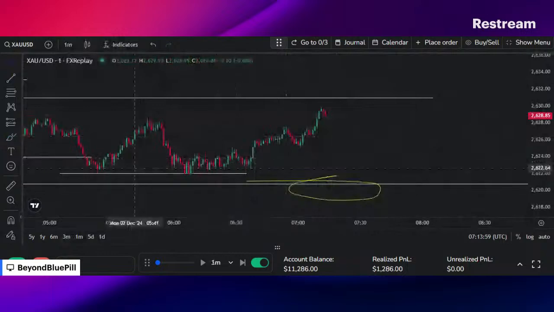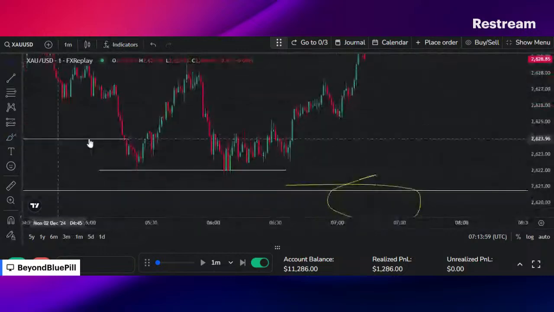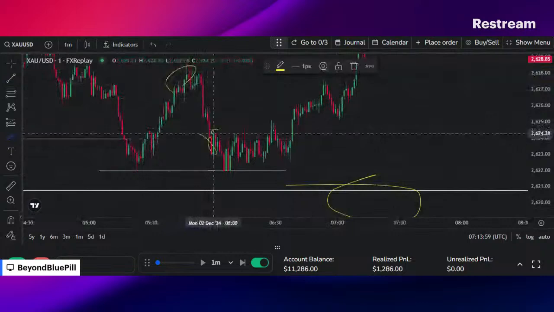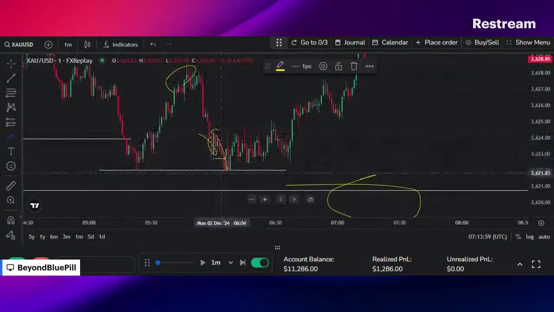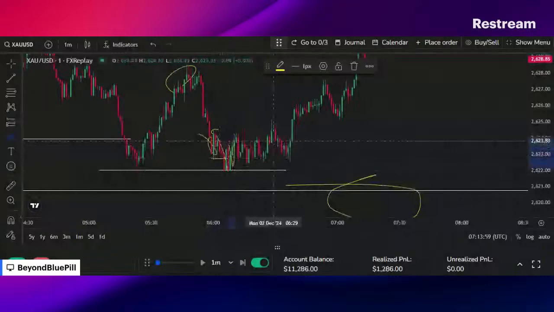Let me see 1 minute. In 1 minute we have a little bit of range here. So right here is the thing, right? We had this validated, traded below, got our triple bottom failure.